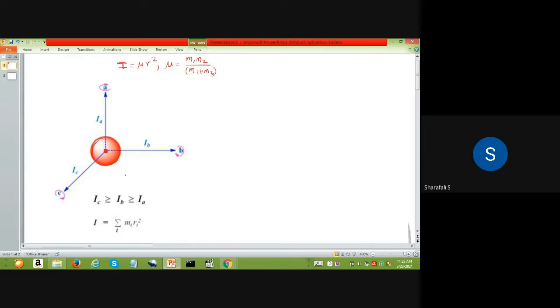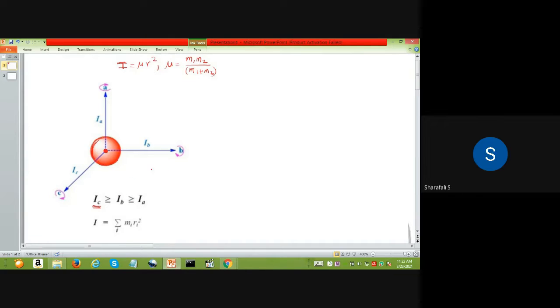So in the conventional way, we denote as IC the moment of inertia which has the maximum value, and then IB, and then IA.